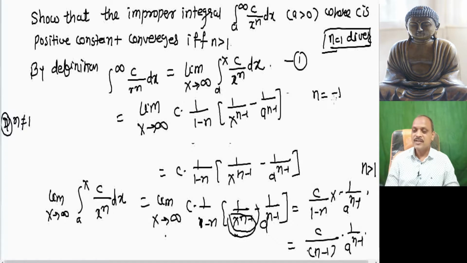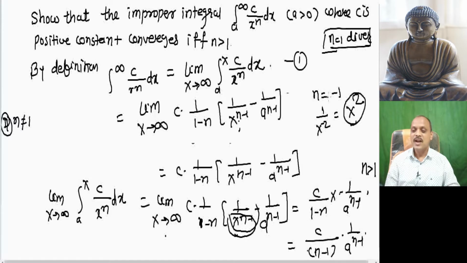Now if we take n equal to minus 1, negative, you can see that this term will be 1 divided by X raised to minus 2, and X raised to minus 2 is X square, and as X tends to infinity, this becomes infinity, right? So this will be infinite.